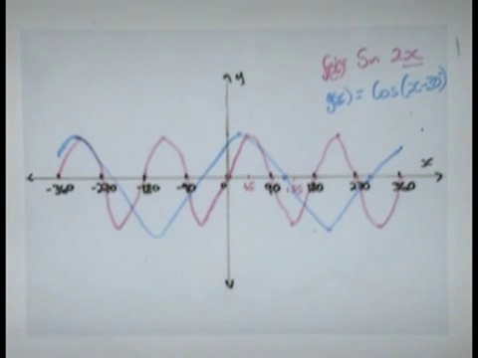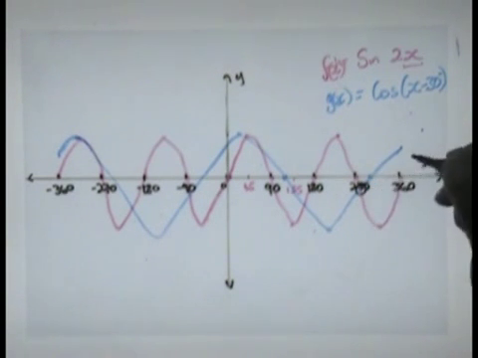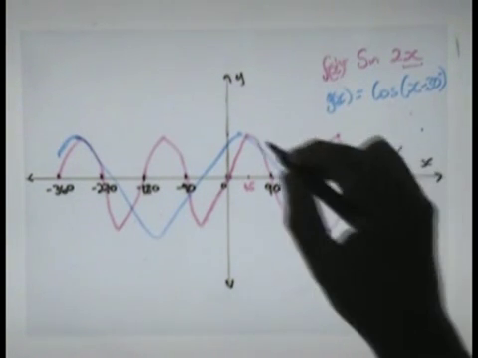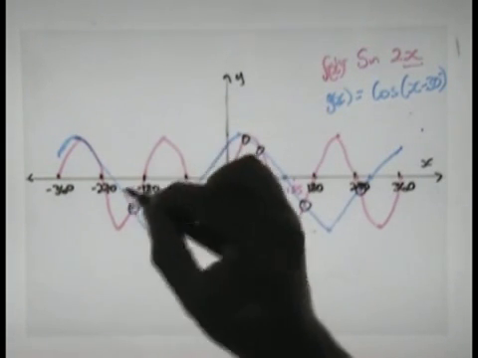We are now going to look for the points of intersection, or rather the points where these two graphs meet. And I'm going to draw that in black. There's 1 point over there, 2 points, 3, 4, 5, 6.